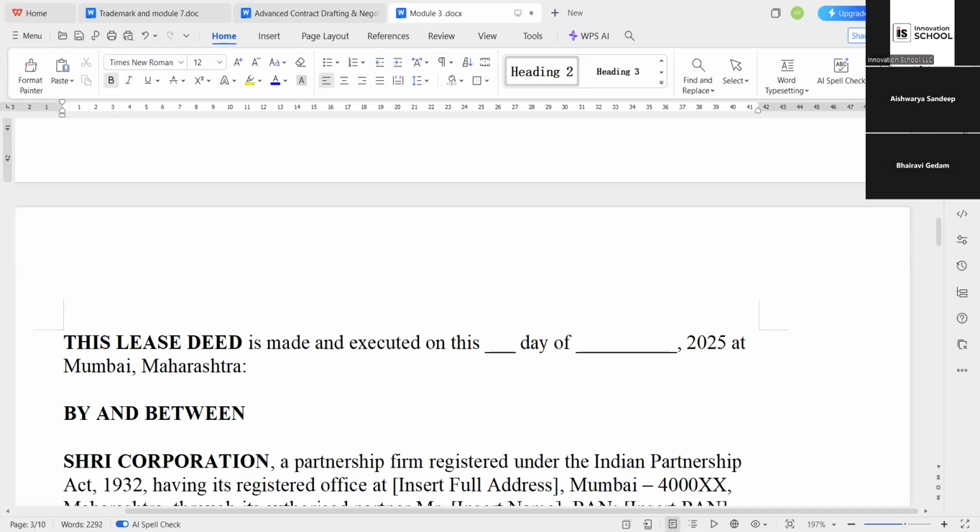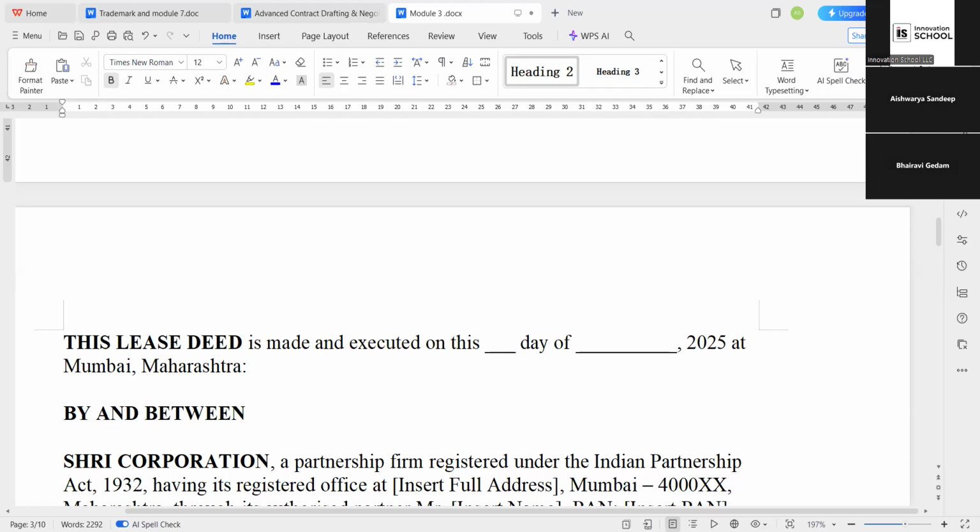Again, your lease deed has to be registered. So I've been talking about registration of documents, how it is mandatory, it is important. Let's talk about where you are going to register any property related documents. Any property related documents is usually registered with the office of the sub-divisional registrar.